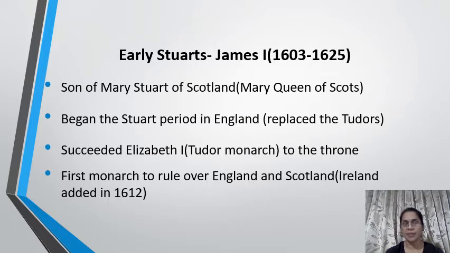Now he was the son of Mary Stuart of Scotland, also known as Mary Queen of Scots, and he began the Stuart period in England by replacing the Tudors, and he succeeded Queen Elizabeth I, the Tudor monarch, to the throne. And he is the first monarch credited to have ruled over England and Scotland. Ireland was added later, that is in 1612, during his rule itself.